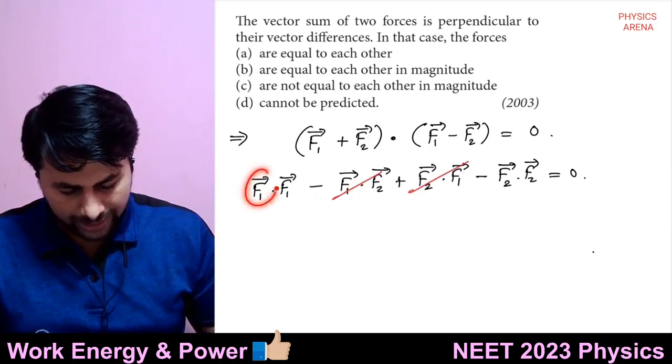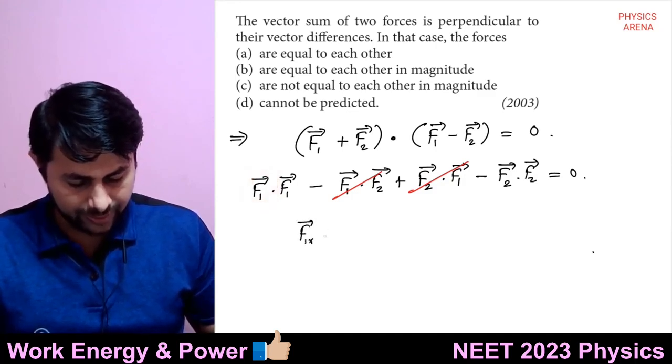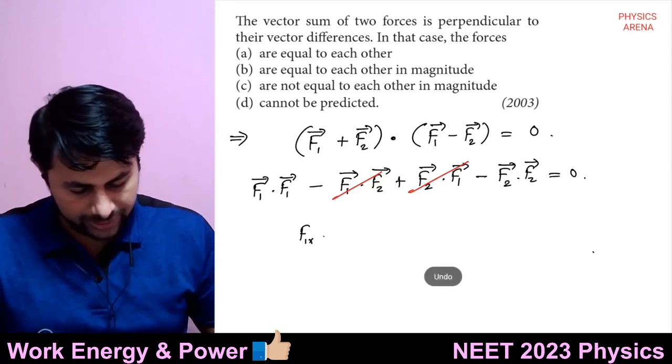Now f1 bar is equal to f1x into i cap plus f1y into j cap plus f1z into k cap.